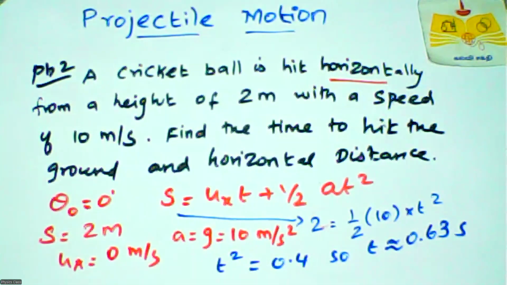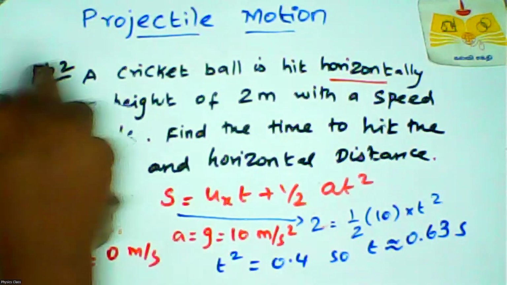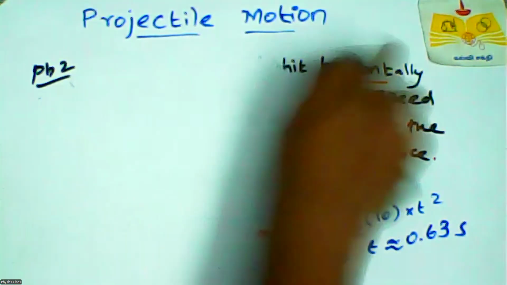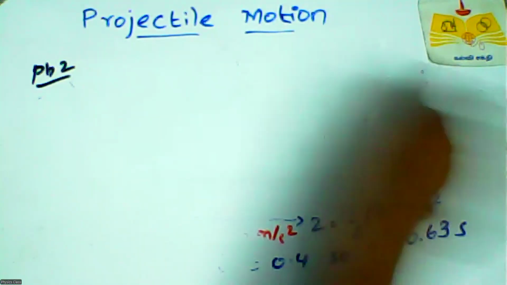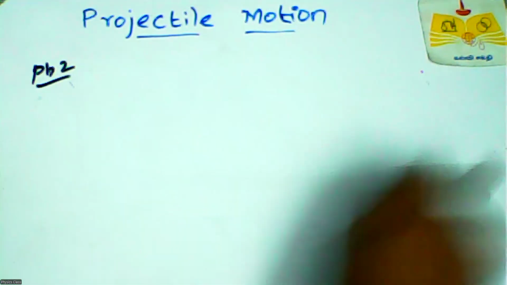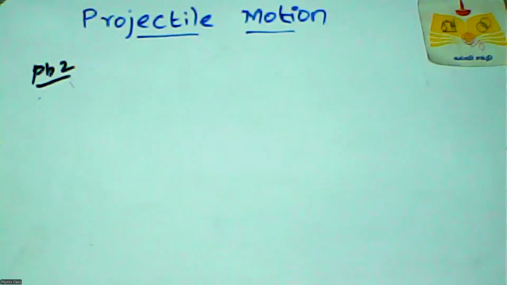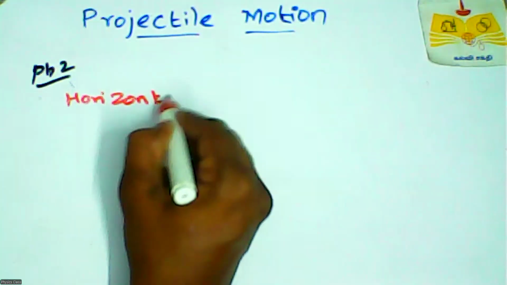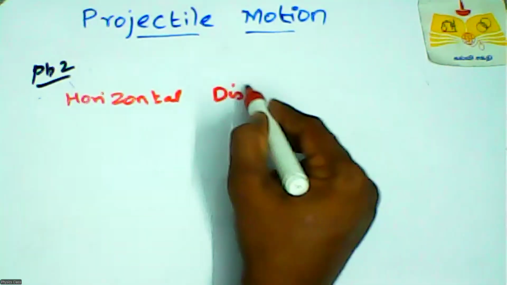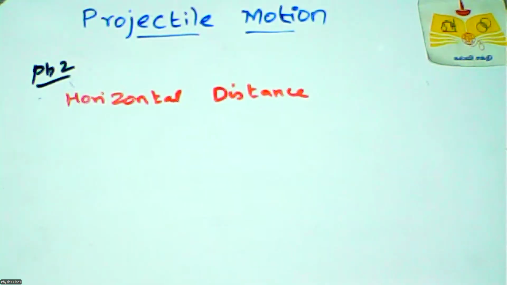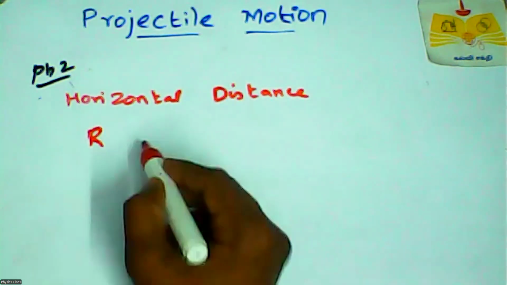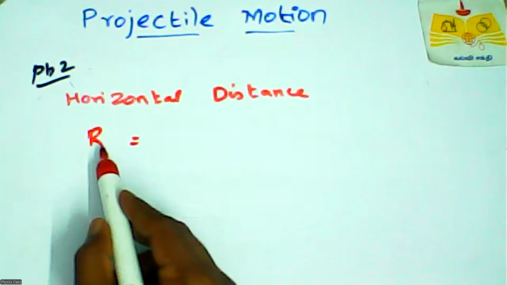Now we will go into the horizontal distance, that is the range. We have the initial speed and time. In this case, the horizontal distance, that is range, means displacement.